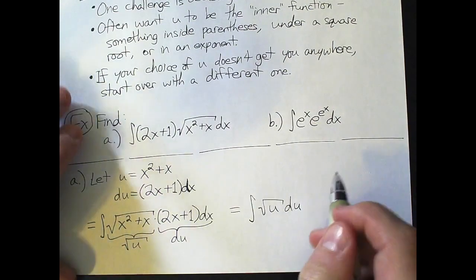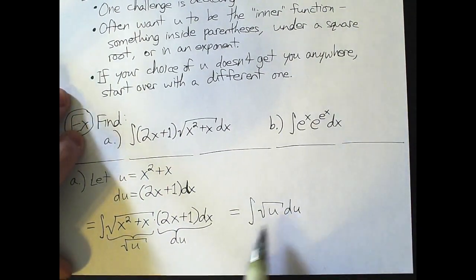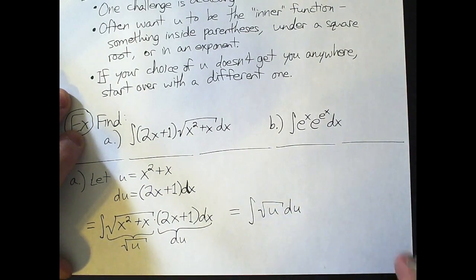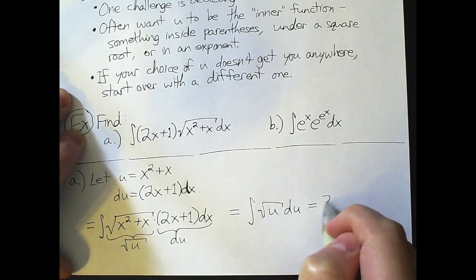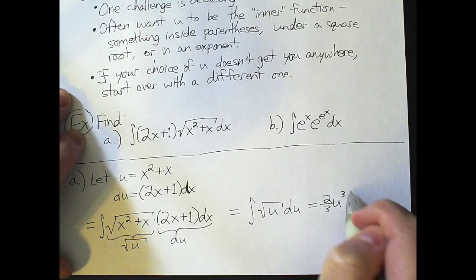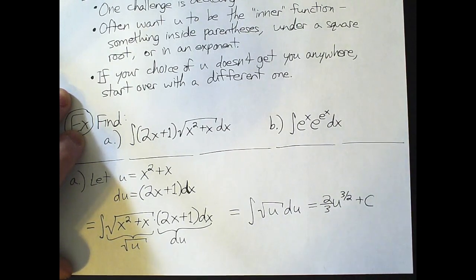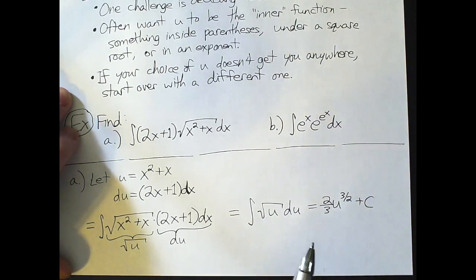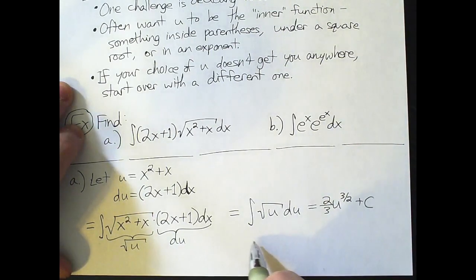In fact, we turned it into a problem that we've already done earlier. We did the integral of the square root of u du. We got 2/3 u to the 3/2 plus c. So are we going to get the exact same answer as that other problem? Well, not really, because once we get it back in terms of x, it's going to look different.